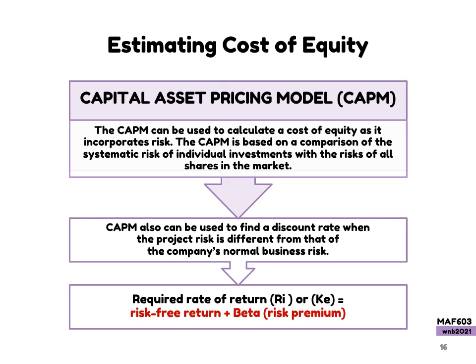We have risk-free return RF plus beta times risk premium, which is RM, return for market, minus RF. This is formula number 5 for this topic.